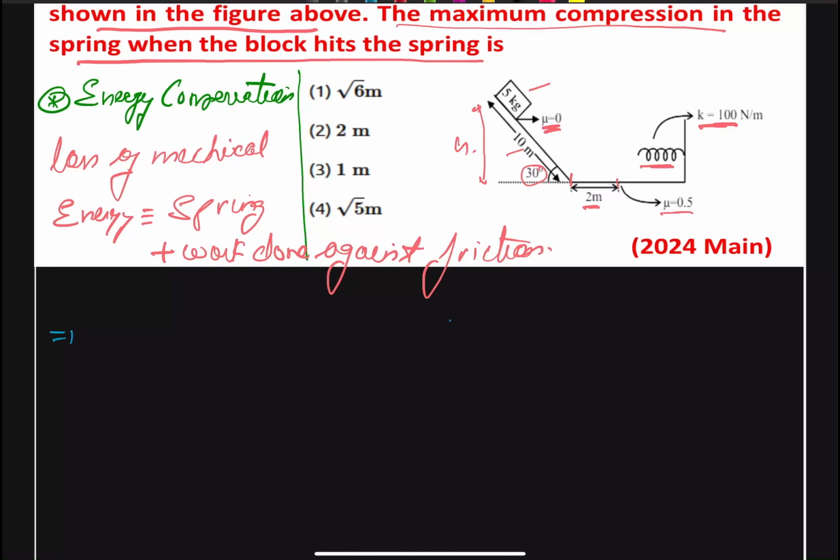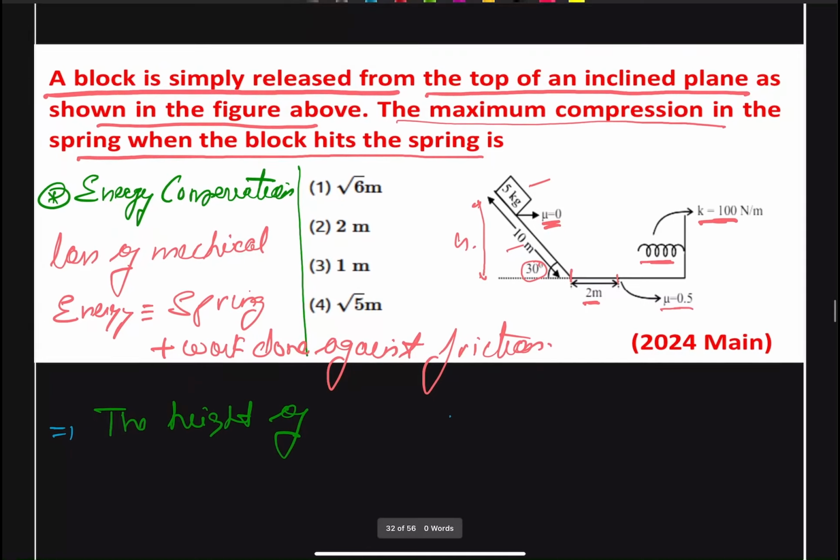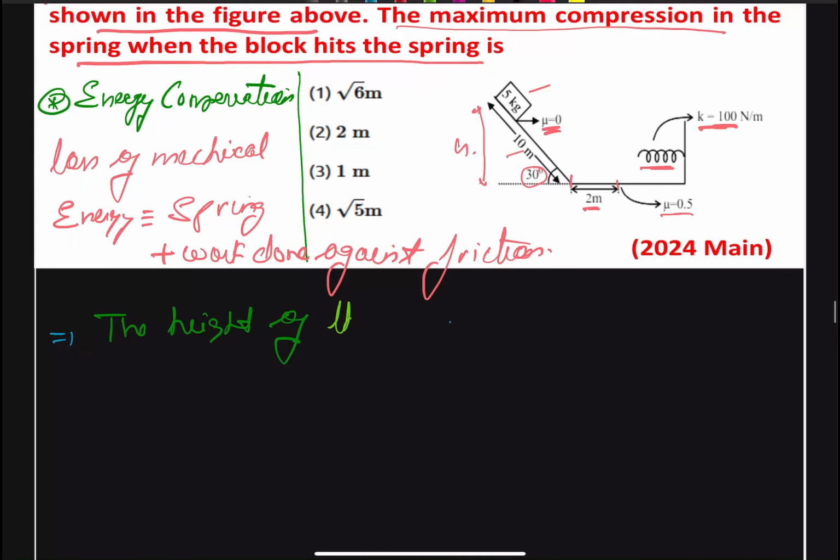Suppose h is the height, therefore we can say that the height of the block, which is our h, is equal to 10 sine of 30, and this will be coming as 5 meters.